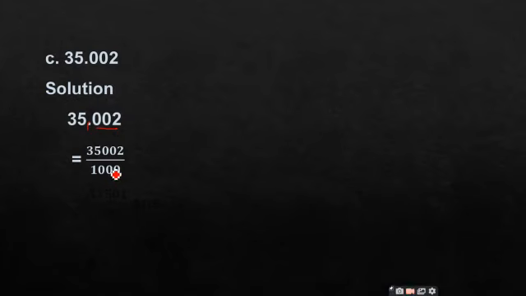We can cancel them by 2. 2 ones are 2, 2 sevens are 14, 1 carry. 2 fives are 10, 0, as we write 0 as it is, then 2 ones are 2. And here we can also cancel out 1000 by 2. 2 fives are 10, and then 0 and 0. So this will become 17501 upon 500. When we change 35.002 into a fraction, we got 17501 upon 500.